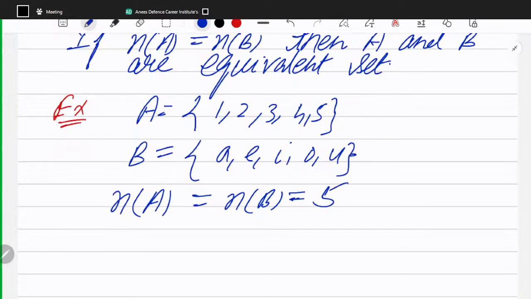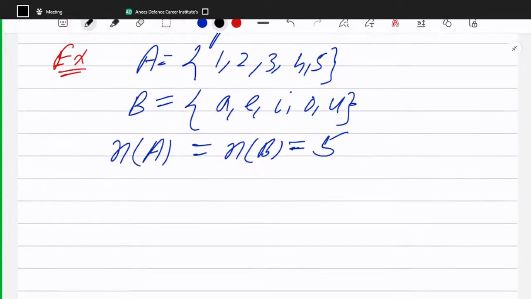Then n(A) is equal to n(B) is equal to 5. This is a finite number. Okay.